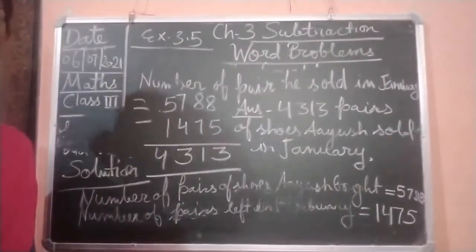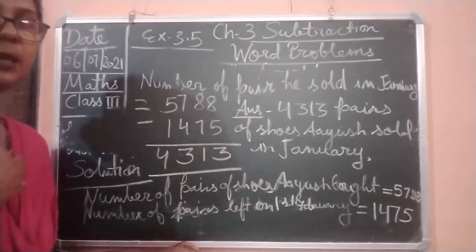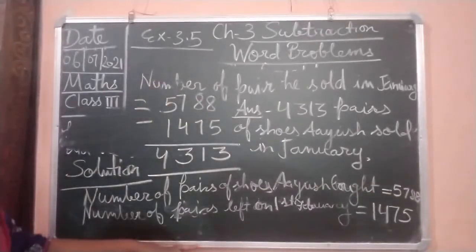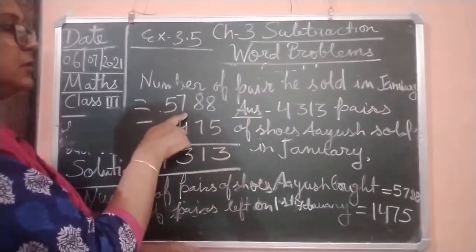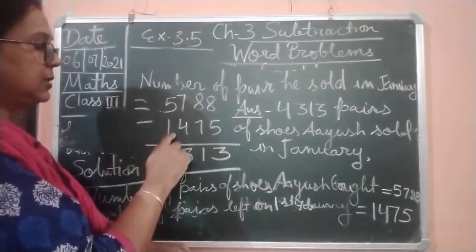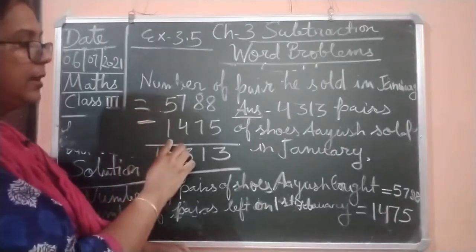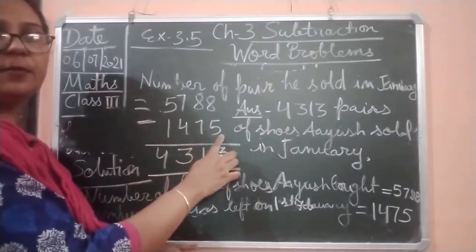Write it down. Now here children, you can see what we have done. We have done number of pairs he sold in January equal to 5788 minus 1475.